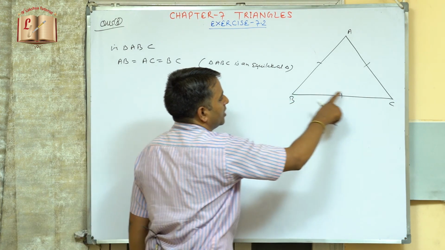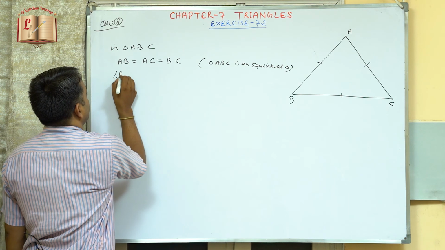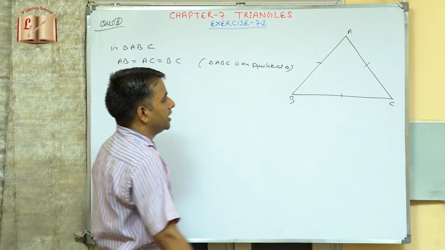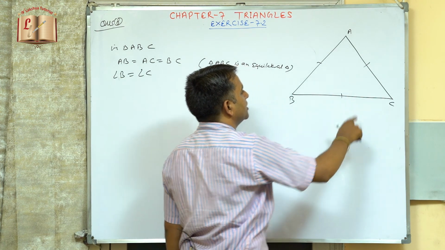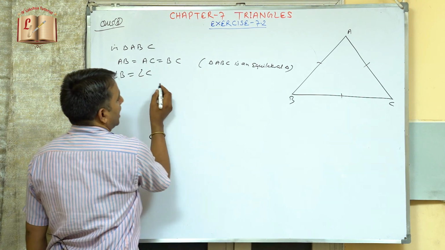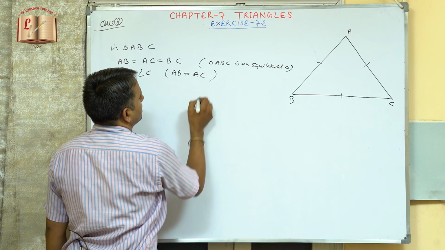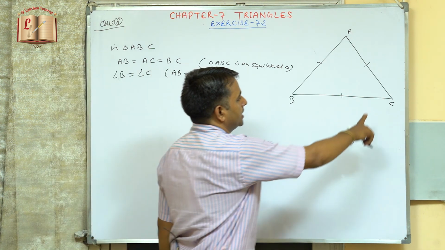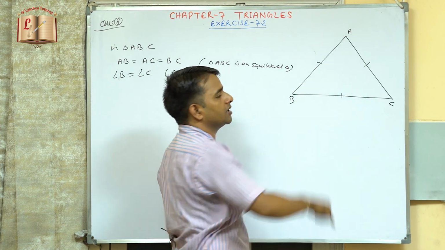So in an equilateral triangle all the sides are equal, so this angle will be equal to this angle. Angle B will be equal to angle C, because AB is equal to AC. Similarly, angle C will be equal to angle A because BC is equal to AB.